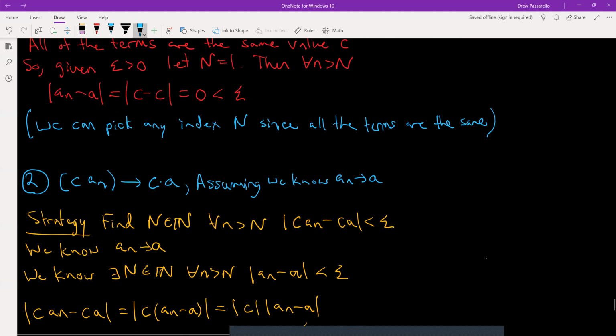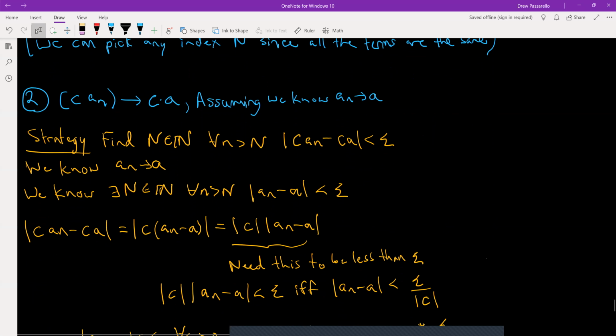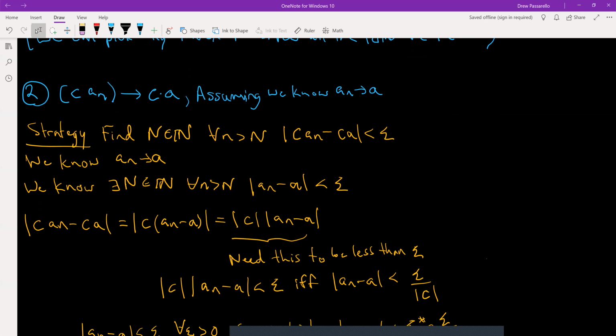The second one in the limit laws: we're trying to prove that C times a_n converges to C times A, knowing that a_n converges to A. So for this one I wrote out the strategy. We need to find some capital N such that for all little n bigger than capital N, the absolute value of C times a_n minus C times A is less than epsilon.